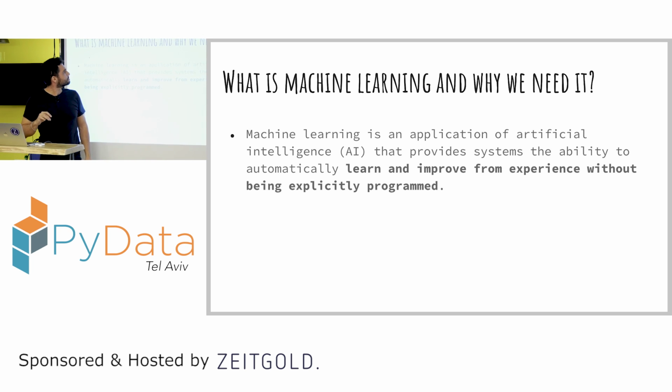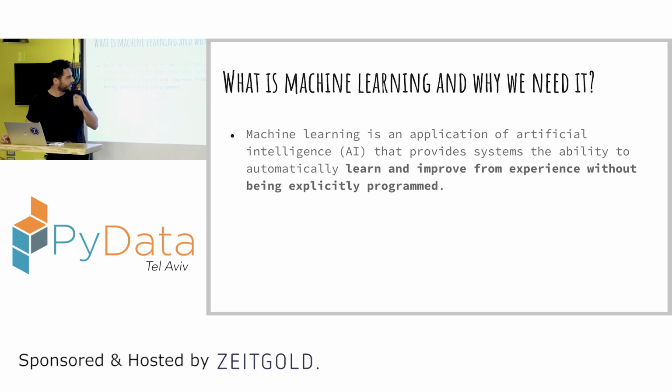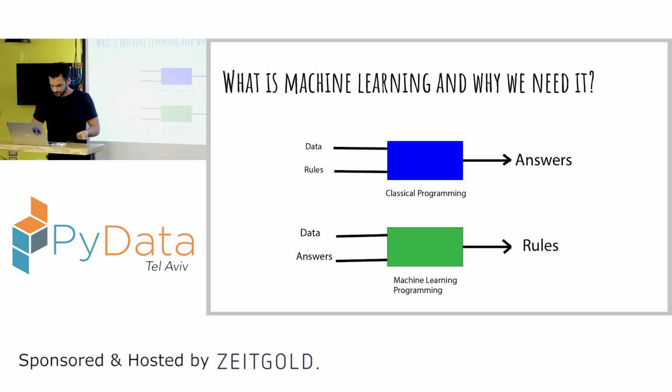All right. So what is machine learning and why do we need it? Machine learning is a subfield of AI. You want the computer to learn and improve from experience without being explicitly programmed. What does that mean? In classical programming, we put in data and rules, and we get answers.